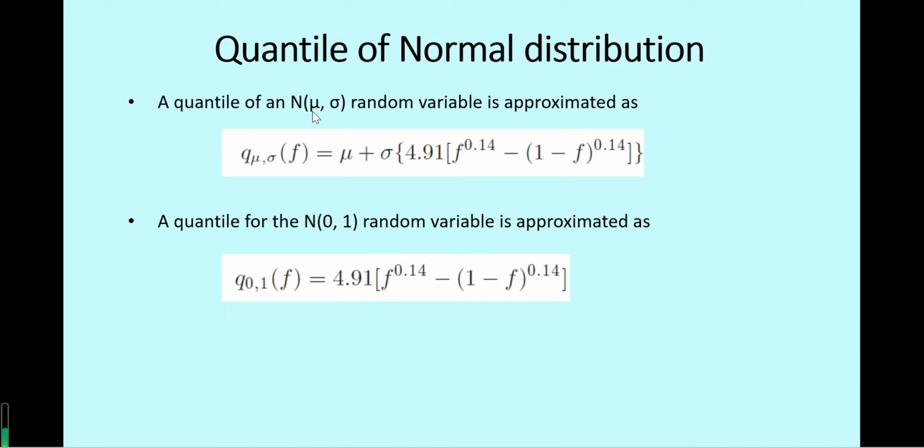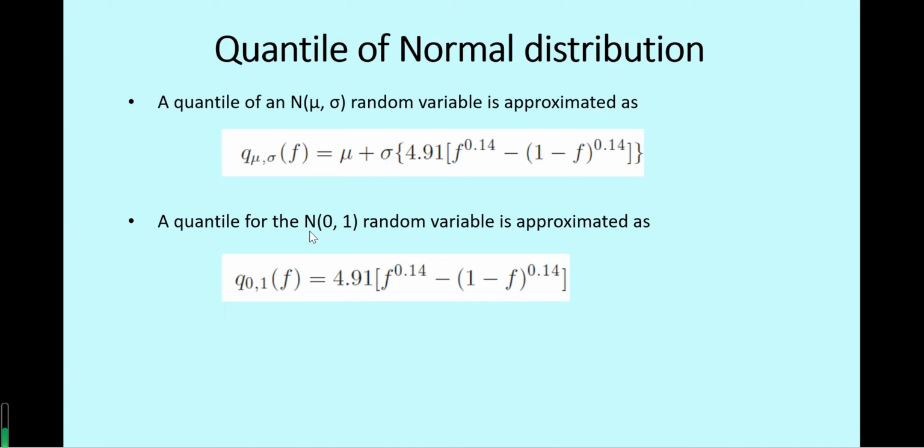Then a normal distribution's random variable quantile is from this formula. So mu and sigma are the mean and standard deviation from this normal distribution. So we just fill in the proportion or the fraction of the data, then we can calculate the quantile random number associated with this normal distribution.